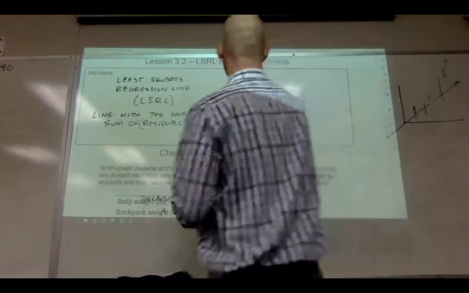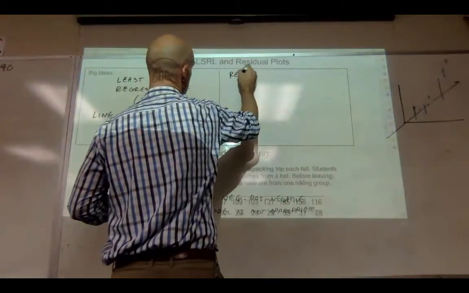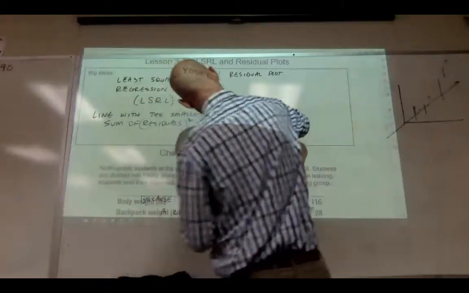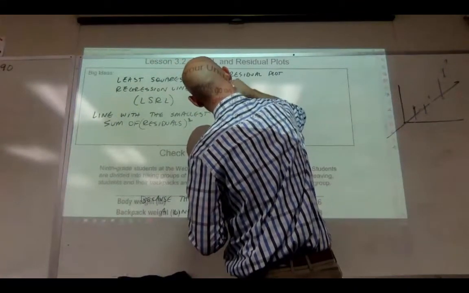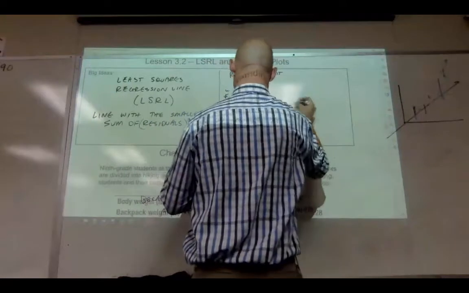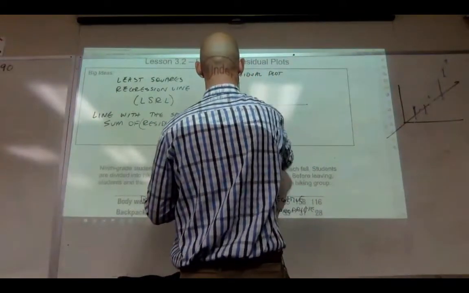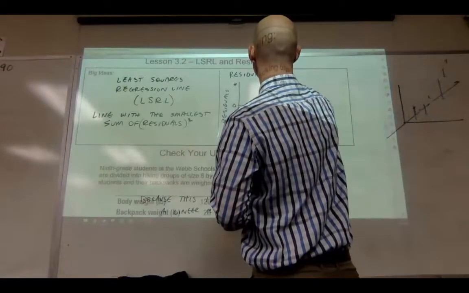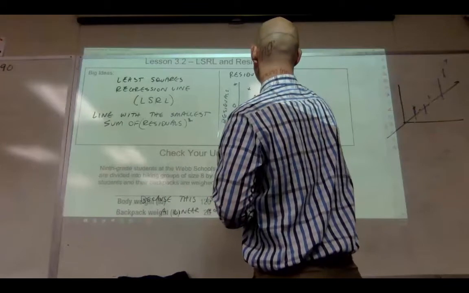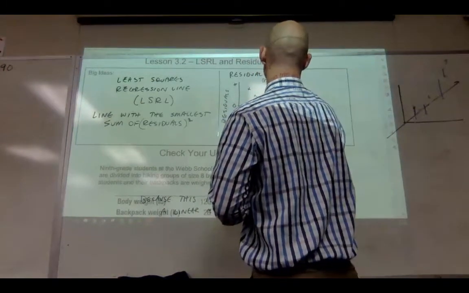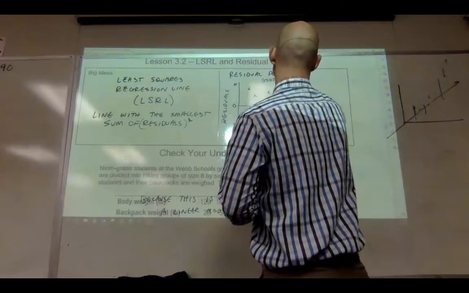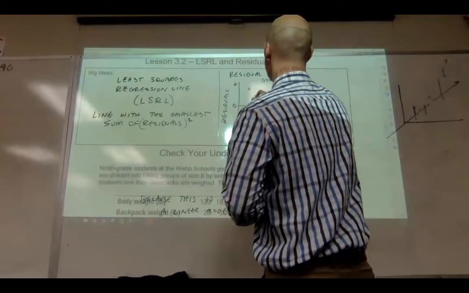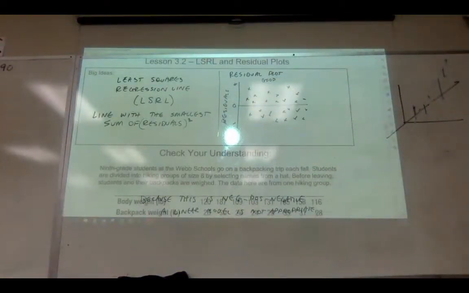And so when we do our residual plot, I've got my residual 0, positive, and negative. Here's a good one. No gaps. It's really good. It's random.